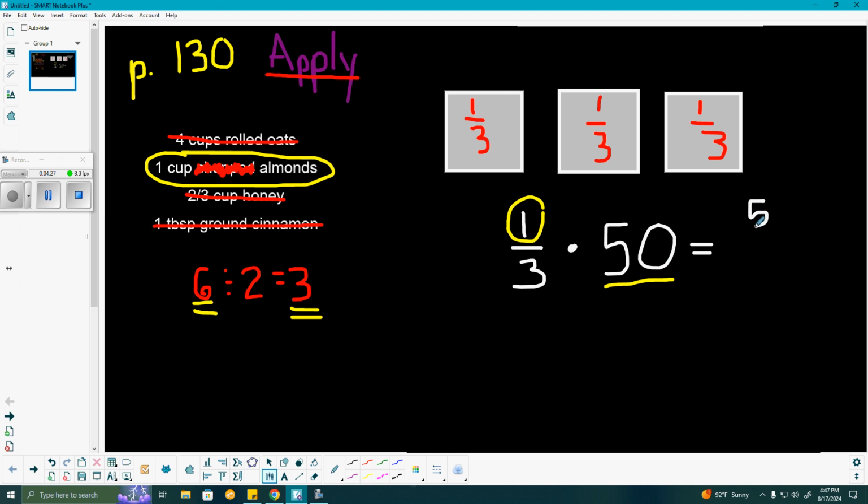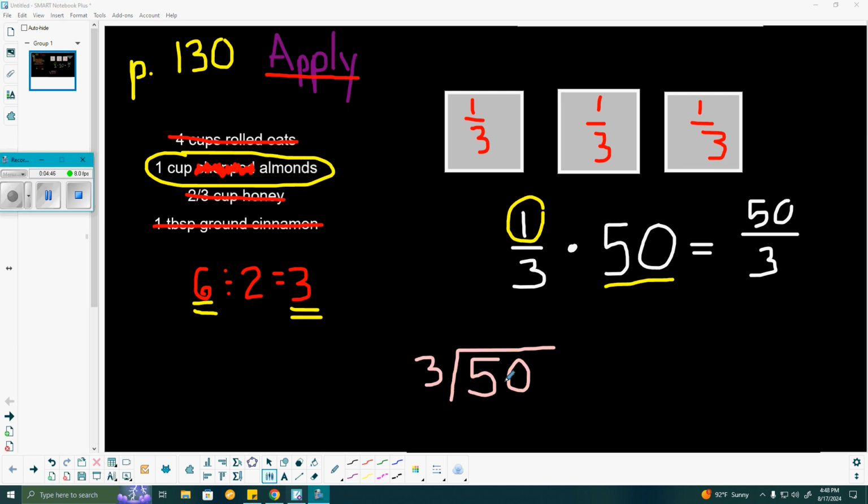So right now, 1 times 50 is 50, so we will have 50 over 3. That is an improper fraction because the numerator is larger than the denominator. I want to divide this to get a proper fraction. The way to simplify an improper fraction is just to do numerator divided by denominator. So here we will be doing 50 divided by 3.